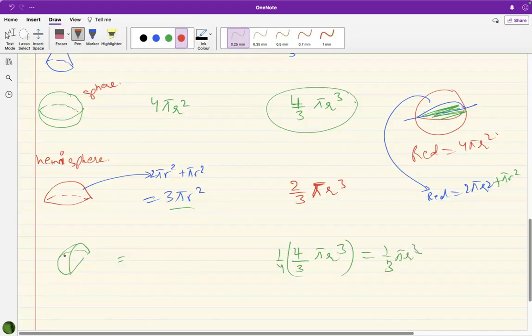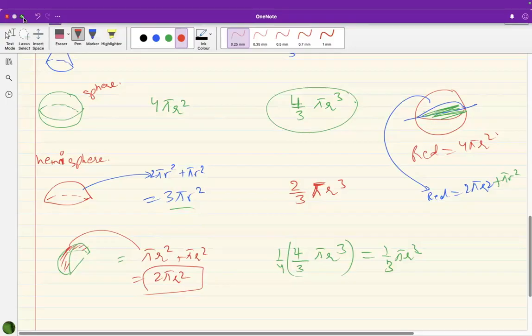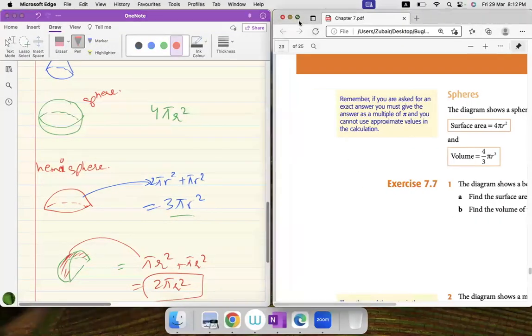On the other hand, this section is the fourth part of the curved area, that is pi r square, out of 4 pi r square initially. And the newly generated faces, 2 semicircles, make one complete circle, making it 2 pi r square. So it is always better to split these shapes and then solve one by one.